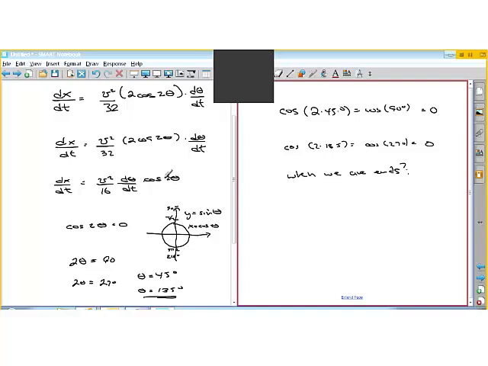The other way to look at it is if I take the derivative of dx/dt with respect to theta. So if I take the derivative of v squared over 16 times d theta/dt times the cosine of 2 theta, well, this stuff is all a constant, so that comes out front.